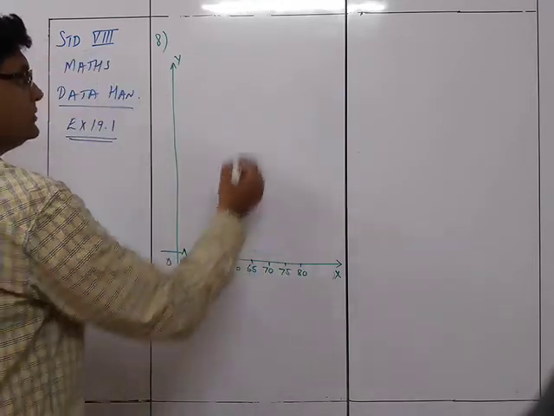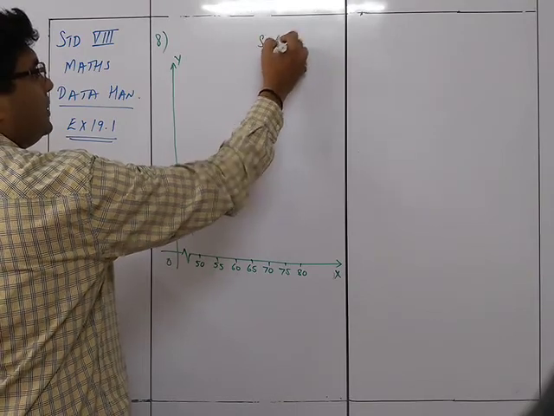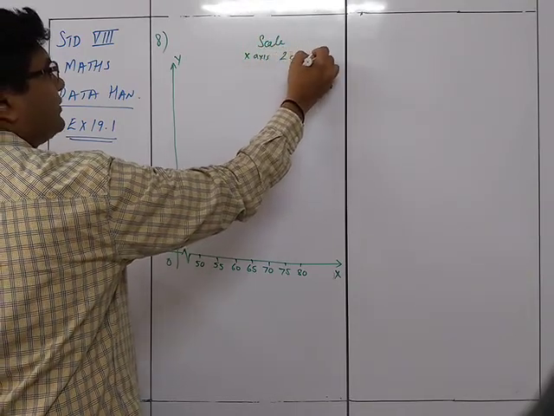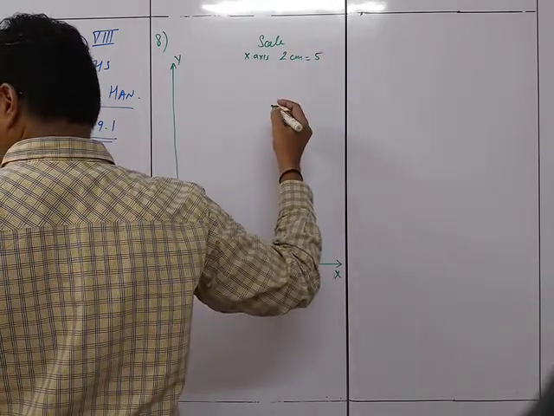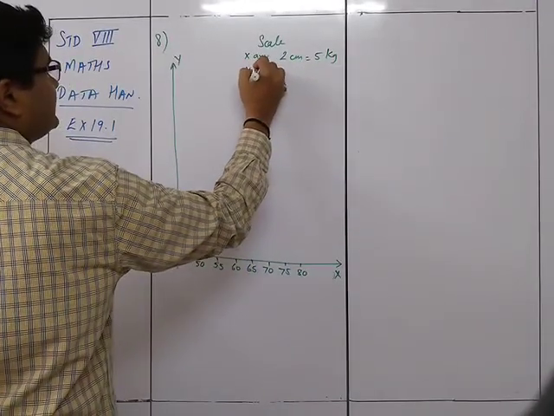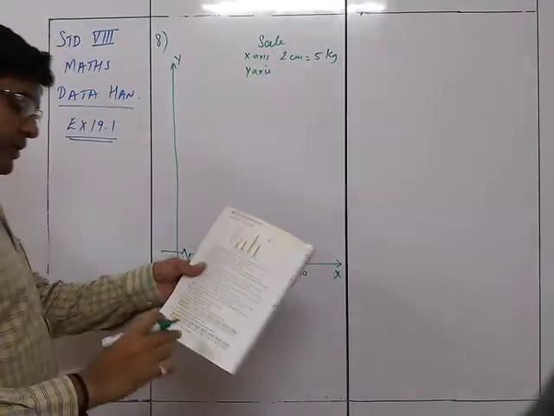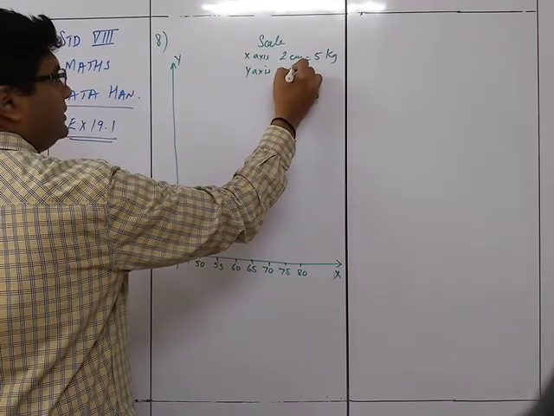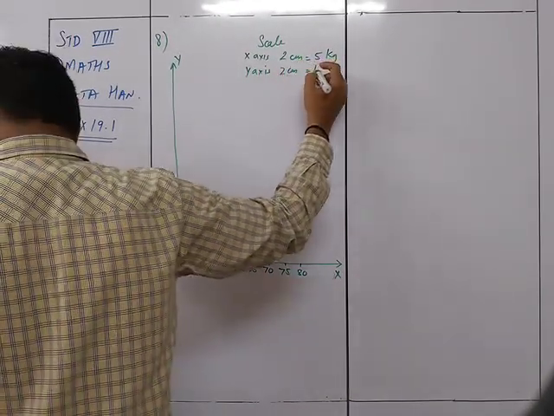So the scale: on the x-axis, 2 centimeters is equal to 5 kg. And on the y-axis, let's see what is the frequency given to you. The maximum is 9, so it will be better to take 2 centimeters equal to 1 patient.